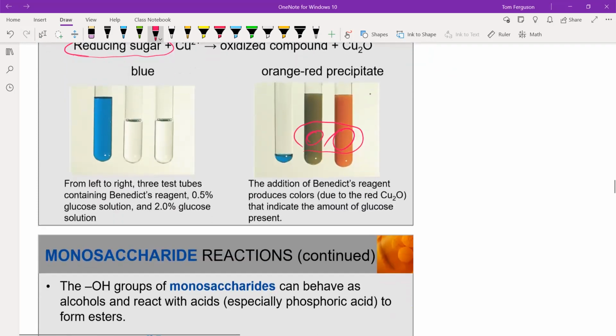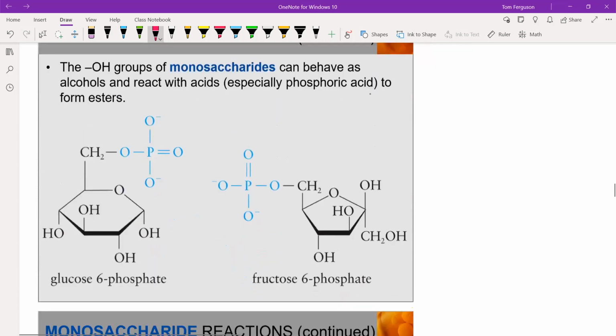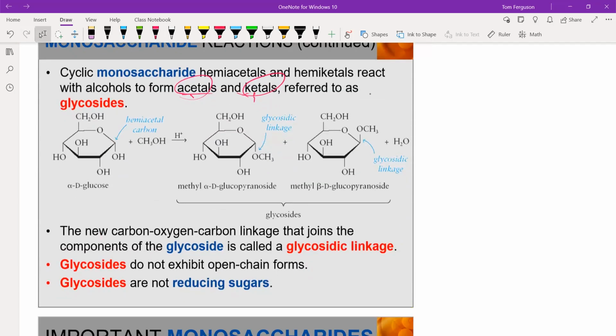And if you've got multiple groups of monosaccharides, any of them can be a reducing sugar, as long as one of them is in the hemiacetal form. So all the monosaccharides we've talked about so far are going to be reducing sugars. I'm going to talk about which monosaccharides I'm going to hold you responsible for learning. Same with disaccharides, oligosaccharides, and polysaccharides.